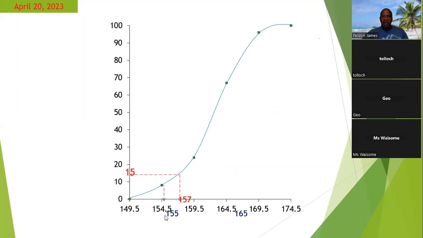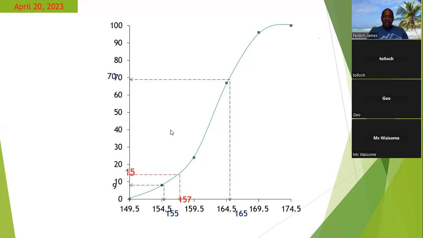So for the 155, we draw a dotted line up to meet the curve, and then we go across to meet our y-axis. From 165, we draw our dotted line going up just the same, go across to meet your frequency axis, and then we write that value.